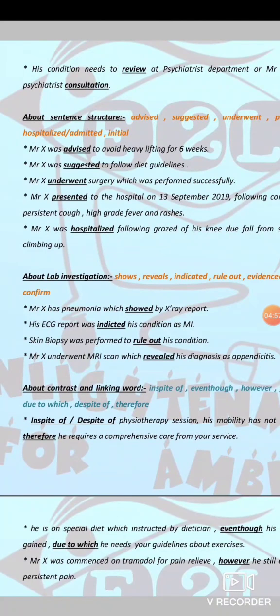So we'll go with a sentence of rule out: skin biopsy was performed to rule out his condition. So you can use rule out either for skin biopsy, bone marrow, or lumbar puncture as well.